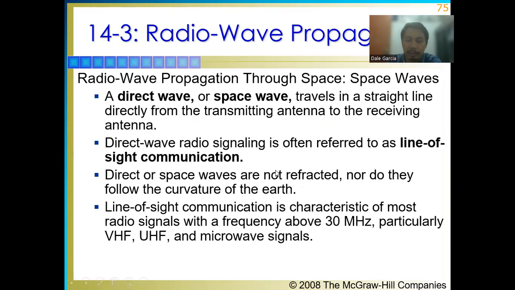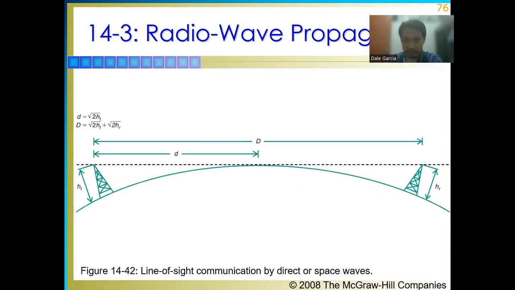So radio wave, space wave propagation, I will cite, very easy to understand. For space wave, direct line of sight propagation, we have this formula to solve for the distance between the two transmitting antennas, considering no obstacle, the peak of the curvature of the Earth.